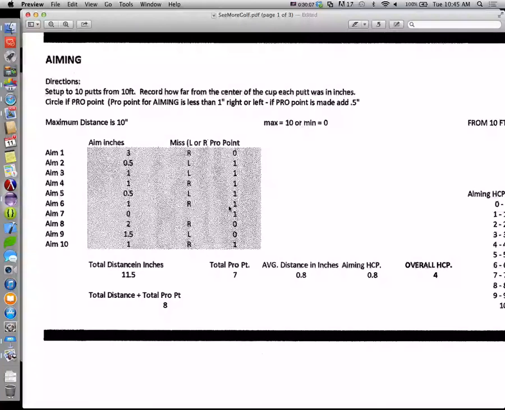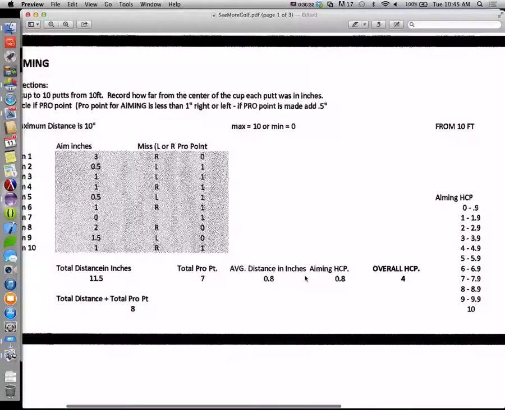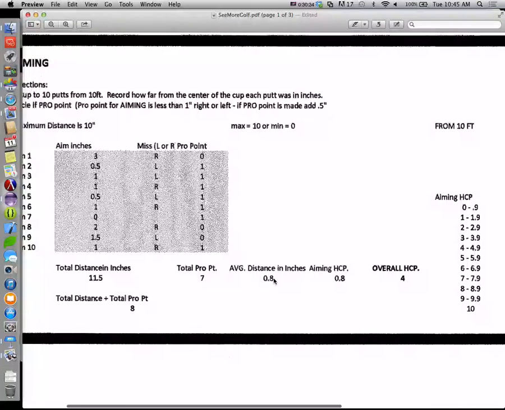Wait, so how are they getting 0.8 again? 0.8, if we treat all these as radians, 0.8 is 11.5 average, or 11.5 total degrees missed, divided by number of putts made, which was 10, gives us 0.8. 11.5 divided by 10 is not... No, that's right. 0.8. How did we get the 0.8?